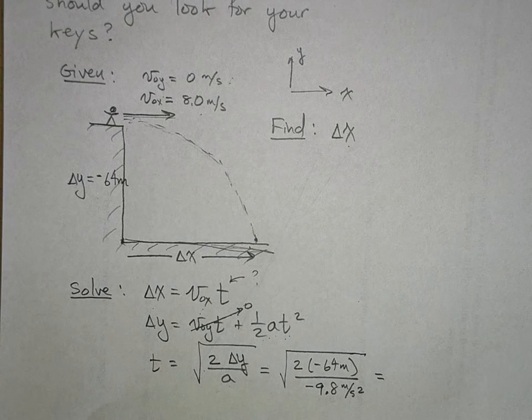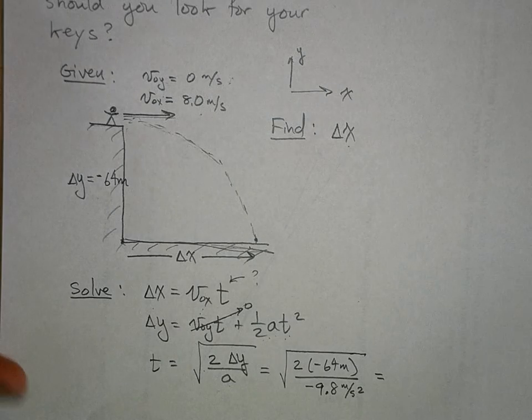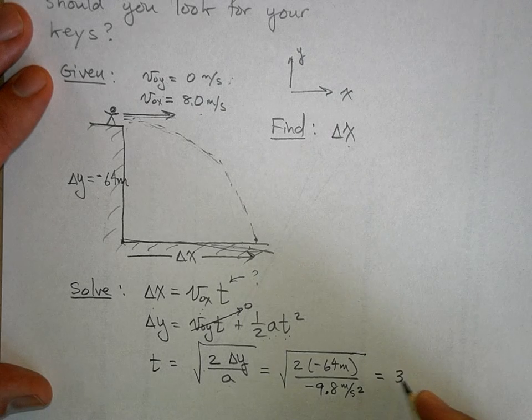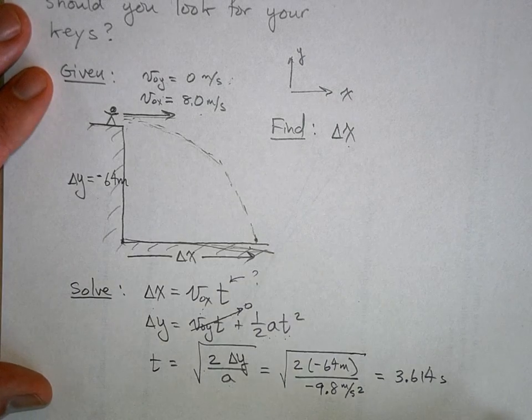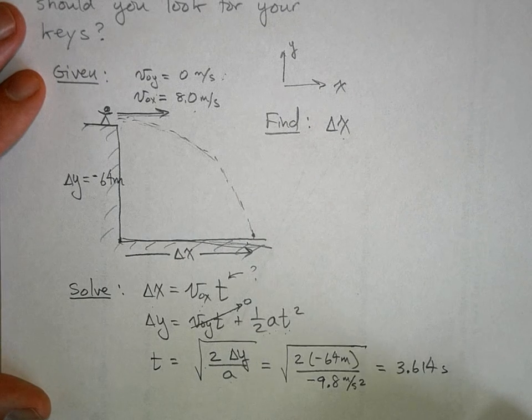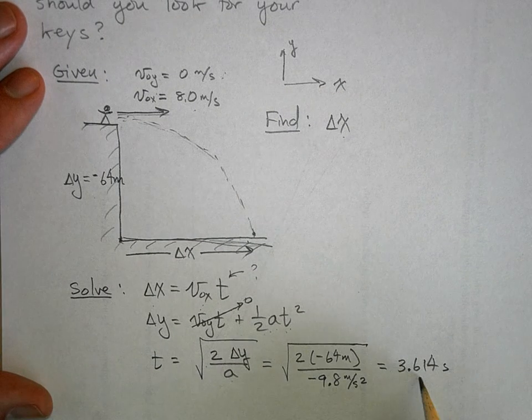What'd you get? 3.614. We could round that off, but I'm going to keep 4 significant figures for right now. So that's how long it takes for it to fall.